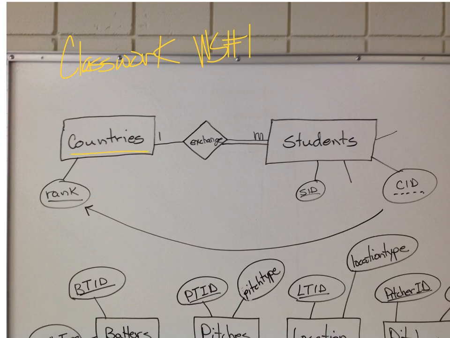We've got countries, it has a longer name than that, and then we made this student table, I think it's MD16, student ID, and then we built this relationship. We've got a primary key here and a foreign key here.